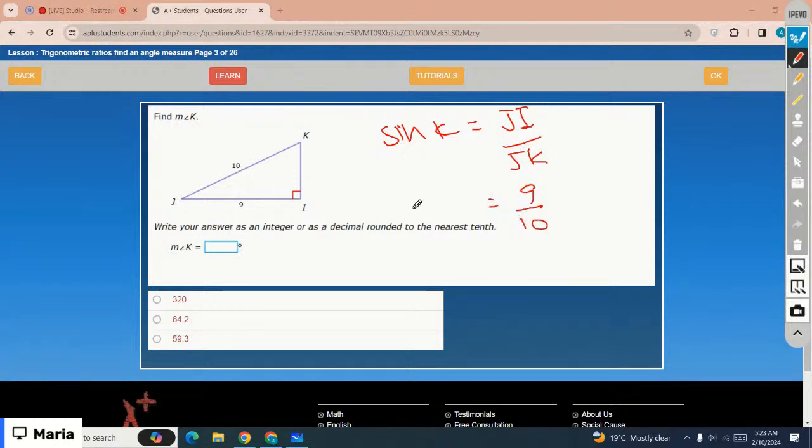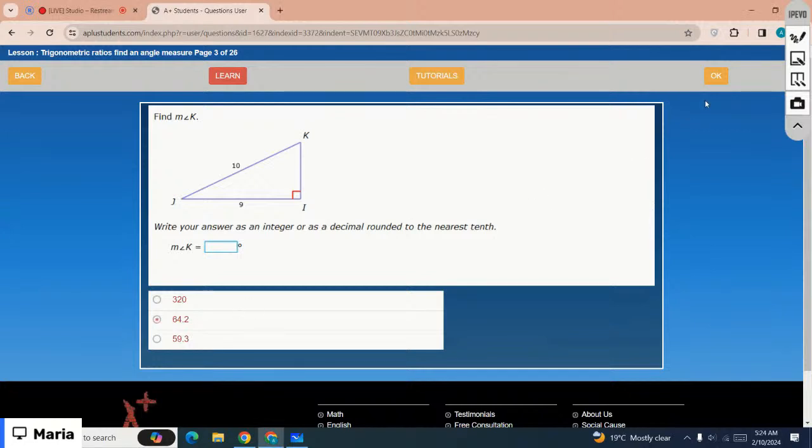JI is 9, JK is 10. Sine inverse 0.9 is 64.2. The correct option is 64.2.